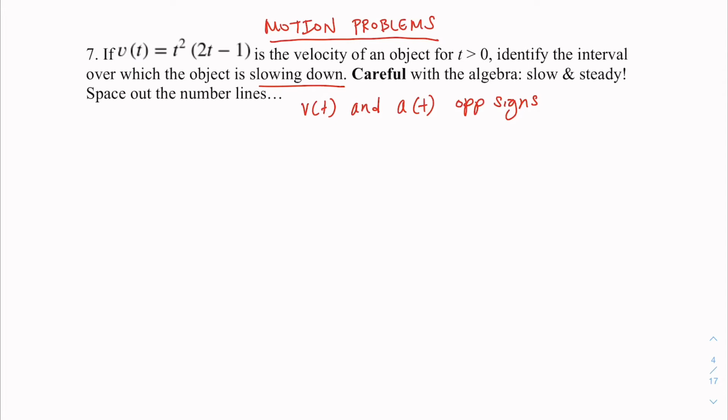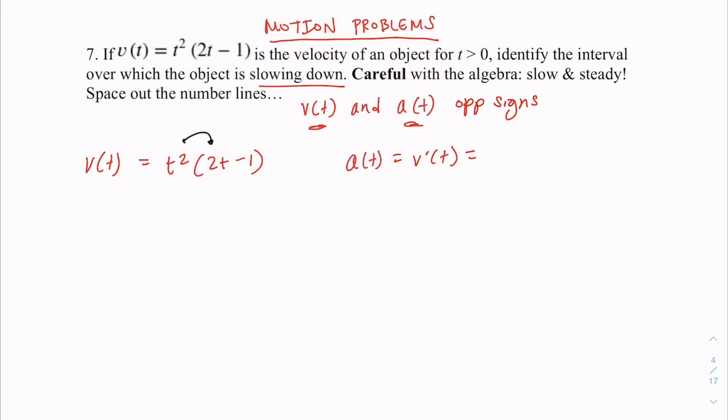So if I need v and a, and I'm given v, then I should also find the derivative of v to find a. So I need to find a of t, which is v prime of t, which I'll find using the product rule. Or I could distribute, actually. That would be easier.